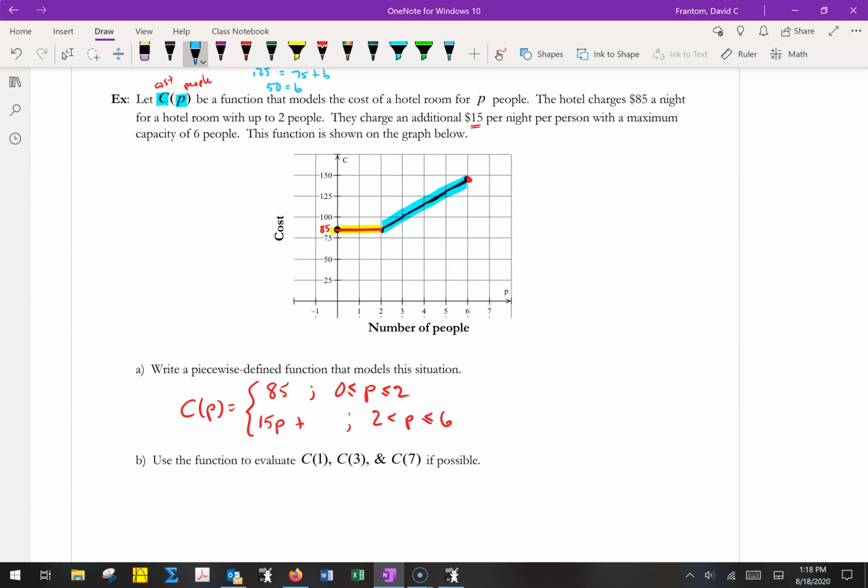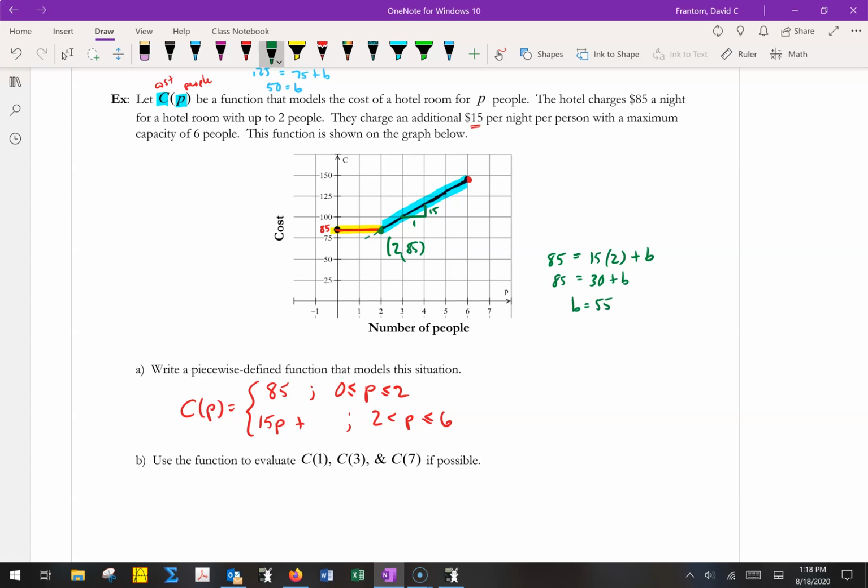But if you want to, you can also solve it like we did previously. We have a point on the graph that would be 2, 85, and we know that this slope is over 1 up 15. So you can do y equals mx plus b and you get that your y-intercept would be 55.